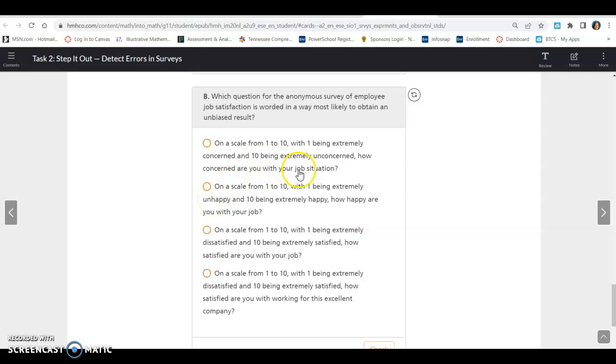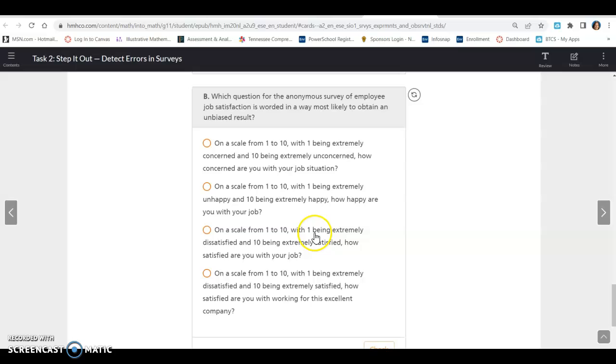All right, so that one does talk about job satisfaction, and this talks about being concerned and unconcerned. So on a scale from 1 to 10, with 1 being extremely unhappy and 10 being extremely happy, how happy are you with your job? All right, so it's just changing the words here from concerned to happy and unhappy.